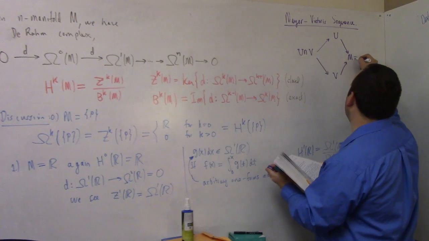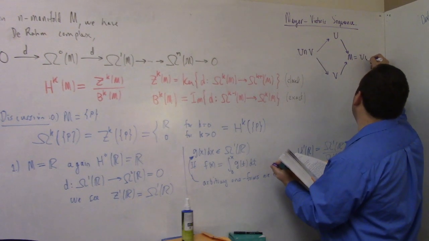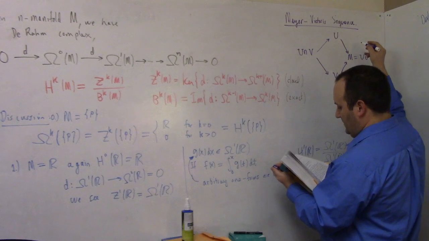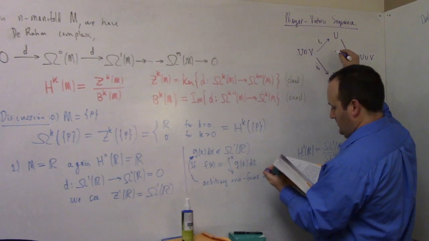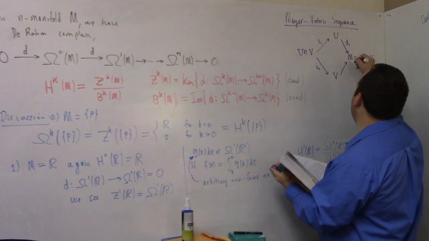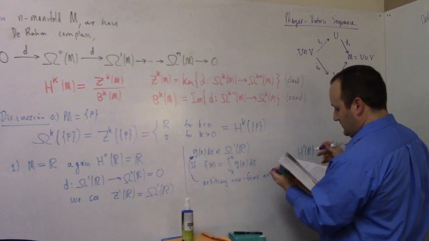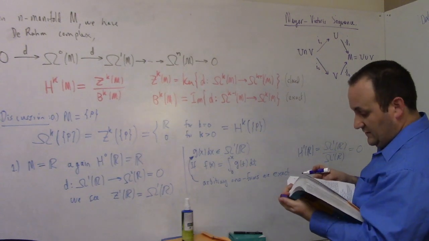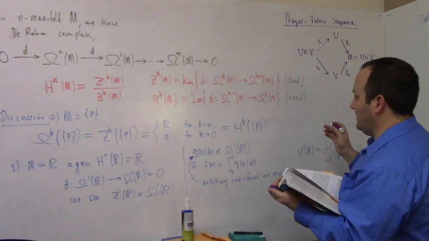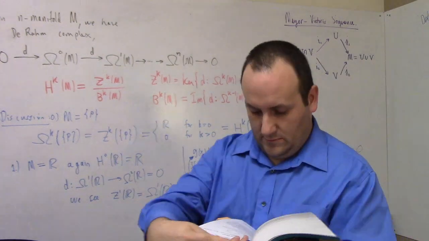He calls this M, but M is equal to U union V. And here are his labels: I1, I2, J1, J2. He says this gives rise to the Mayer-Vietoris short exact sequence, which I'll show you in a second here.